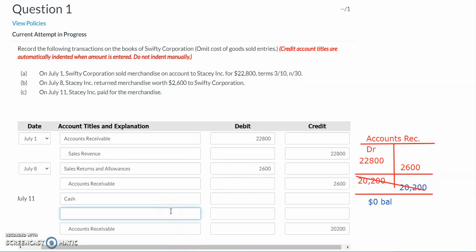So as we are within the payment discount period, we're going to go ahead and record a debit to our sales discount. And this is where you want to be able to do a calculation to determine the dollar amount. So we're going to determine the sales discount by taking the $20,200 accounts receivable balance, and multiplying that by 3%.